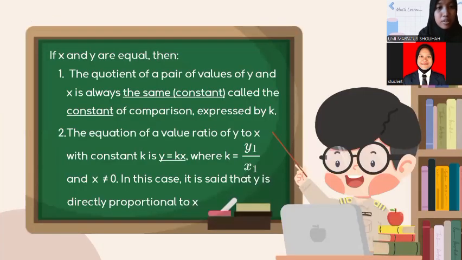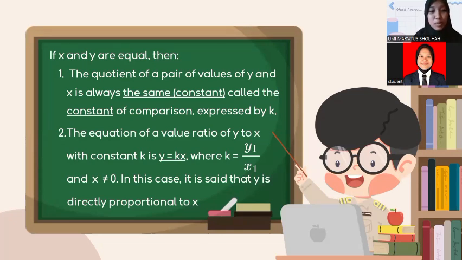So if x and y are proportional, the quotient of a pair of values of y and x is always the same, constant, called the constant of comparison expressed by k.